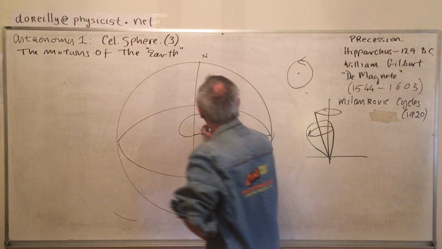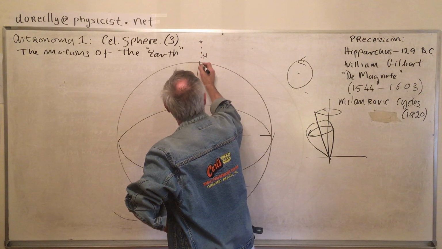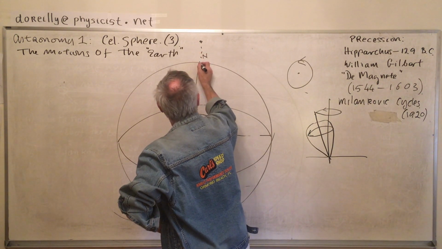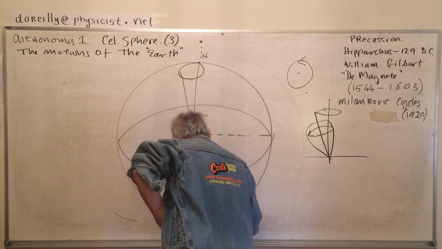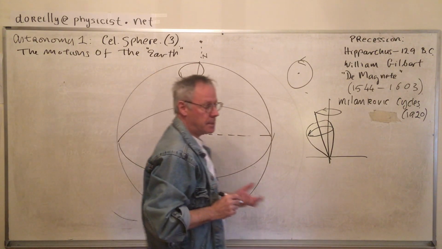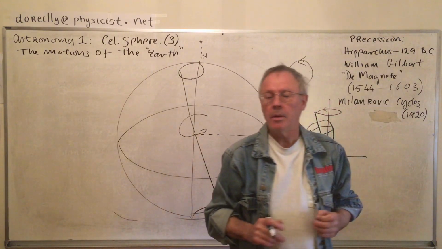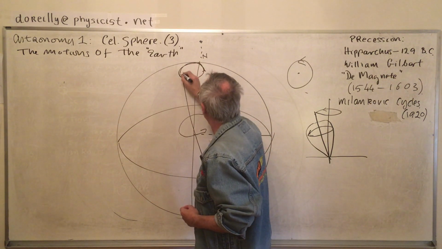The Earth's axis, so we have Polaris at the top of it at the moment, it also has a precession. And that precession generates a cone. This tip of the cone, the cycle that the axis goes through.